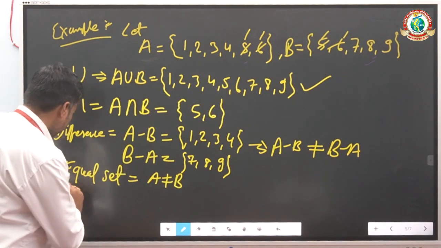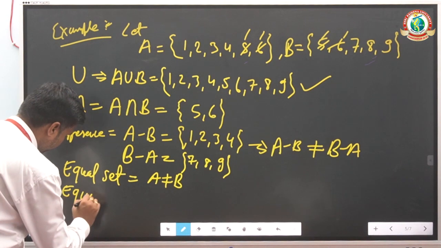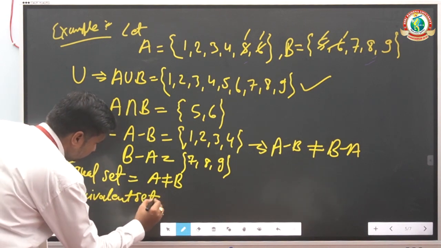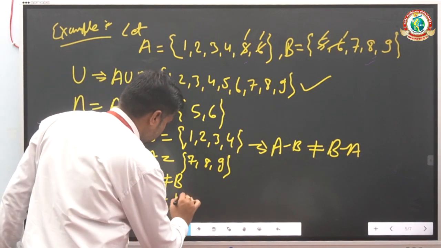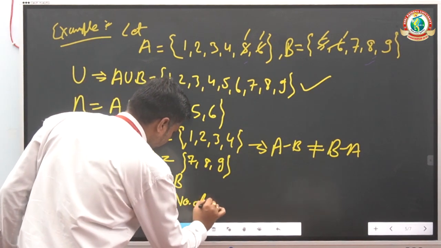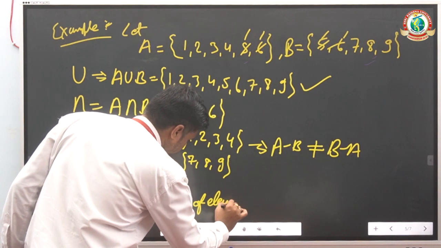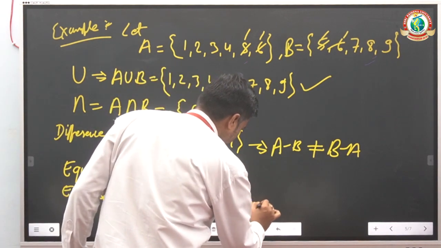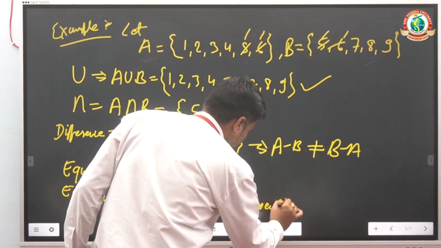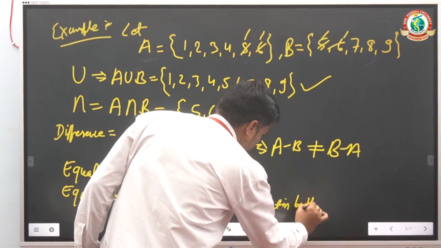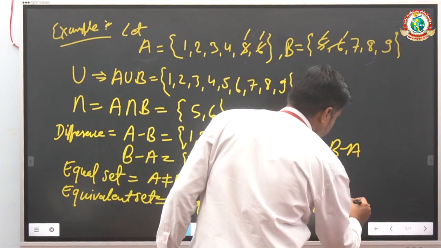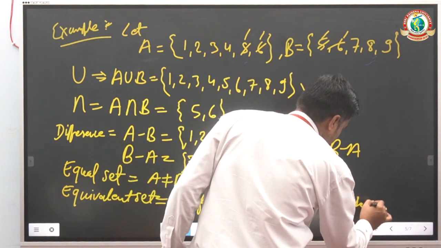Now equivalent set means the number of elements present in both sets are equal.